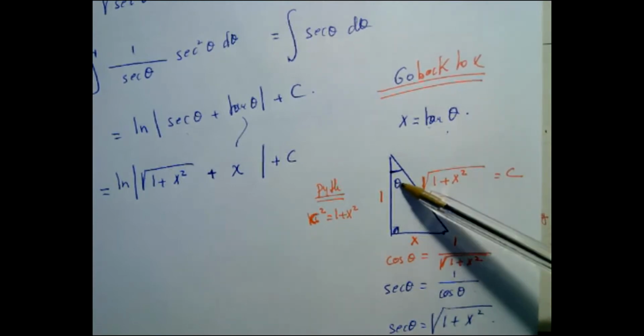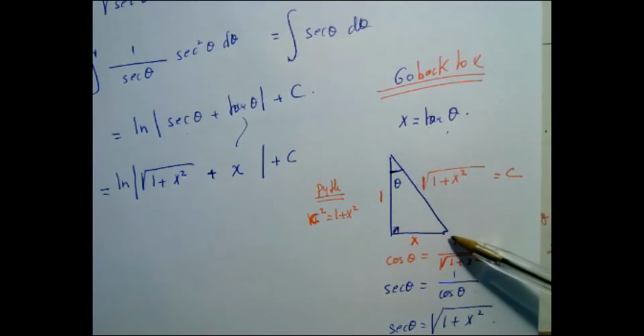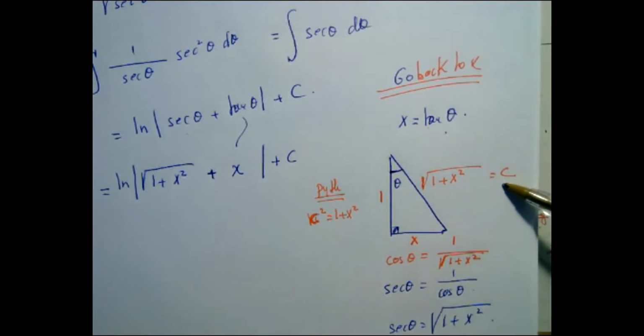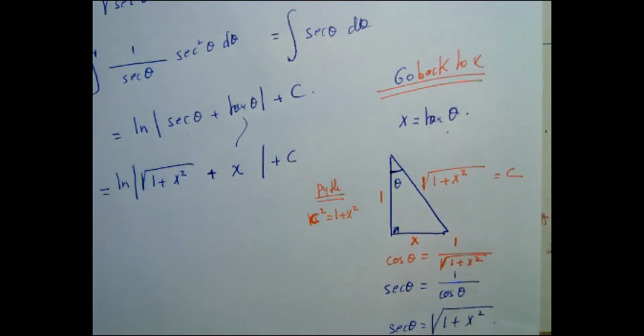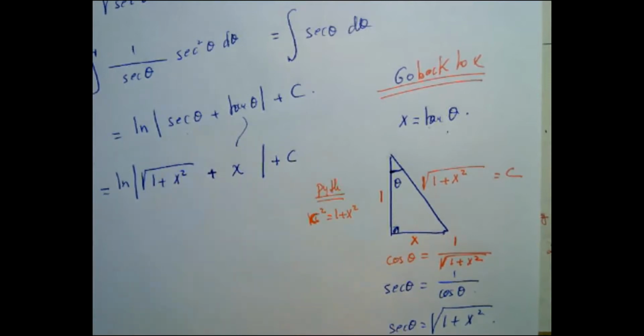And then I wanted the cosine. The cosine is adjacent over hypotenuse. Pythagorean theorem gives me the hypotenuse. And then the secant is 1 over cosine, which will give me that. Now I expressed everything in terms of x and of the problem.